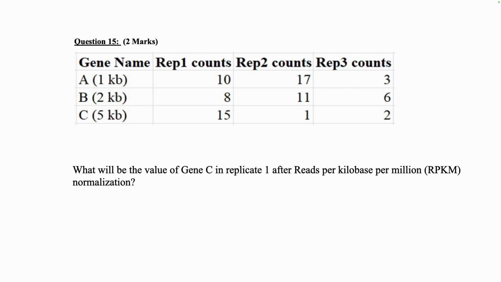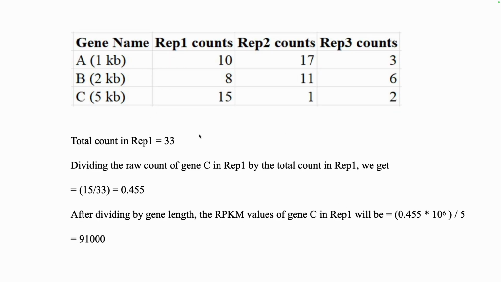Reads per kilobase per million basically includes the gene length bias. To cover up the library size bias, like what we have done in the CPM, we do the same, but after this we divide it by the gene length.